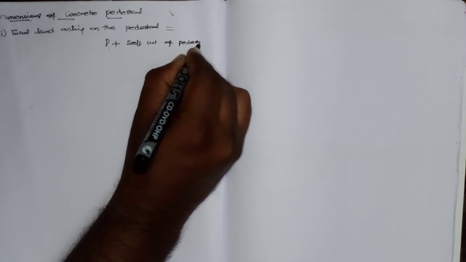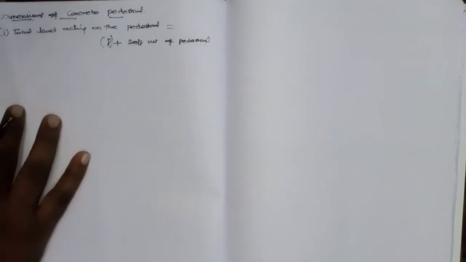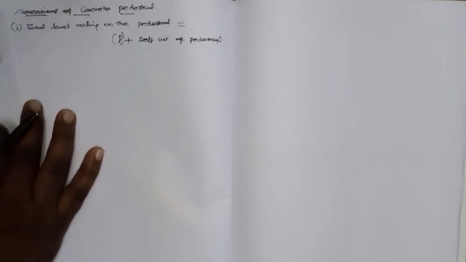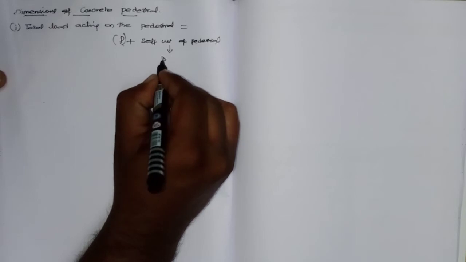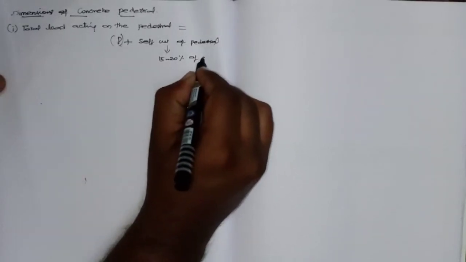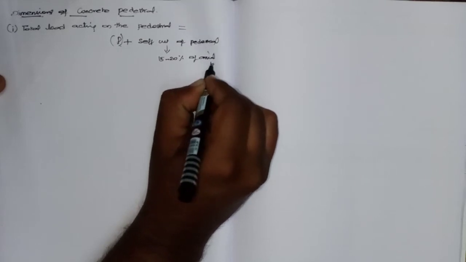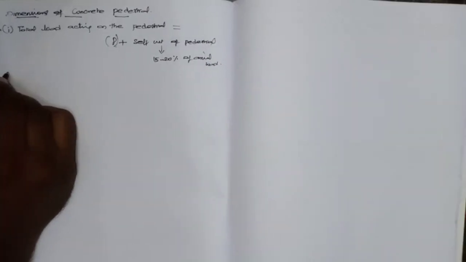You can observe here, this is P, not the factored load, the working load we are taking, right? Now what is this self weight? You can take 15 to 20% of this axial load, right?